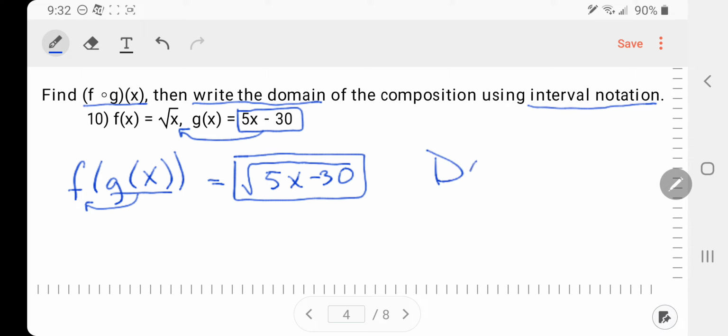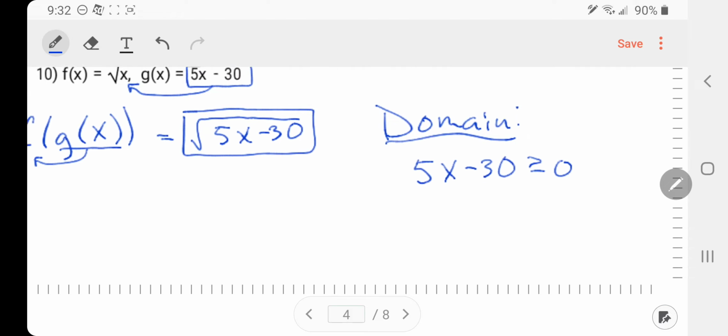Now for the domain. We know that a square root has to work out to be positive. In other words, the stuff under a square root, called the radicand, has to be greater than or equal to 0 since you can't square root negative numbers. So we're going to take the radicand and say that stuff has got to be greater than or equal to 0.